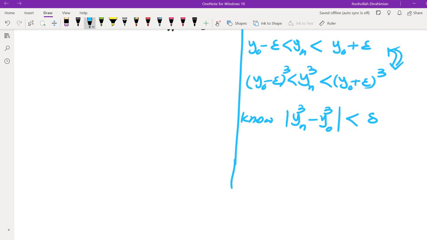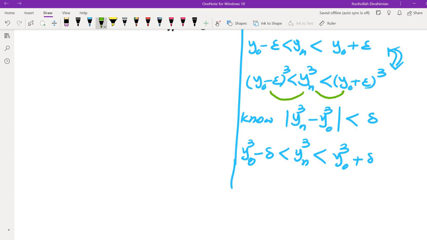That one we can do. If we rewrite this one, we will get y0 cubed minus delta less than yn cubed less than y0 cubed plus delta. So if I make sure that delta is less than both of the distances here, then I would be done.